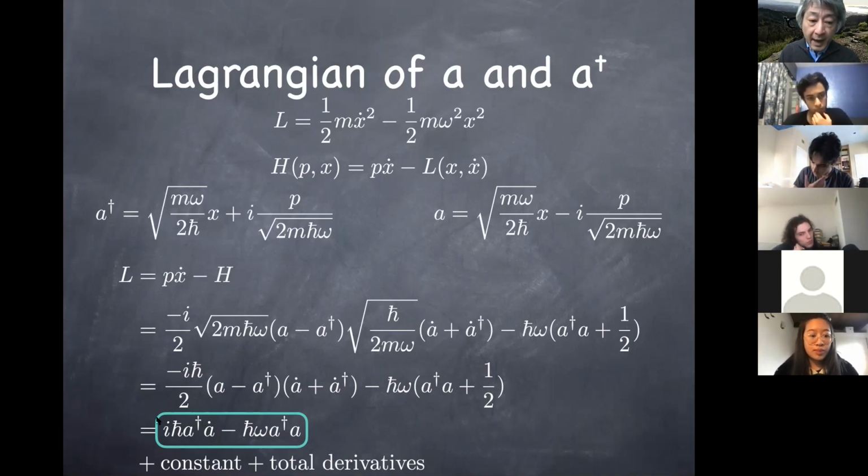So then you identify i h bar A dagger as the canonically conjugate momentum to A. Then the commutation relation is that the commutator of A and i h bar A dagger is i h bar. So I cancel i h bar from both sides, and then I obtain that the A, A dagger commutator is 1. So this turns out to be a very useful way of writing the Lagrangian, which gives you this commutator right away. Is that good, Chirag? Yeah, that clarified. Thanks.